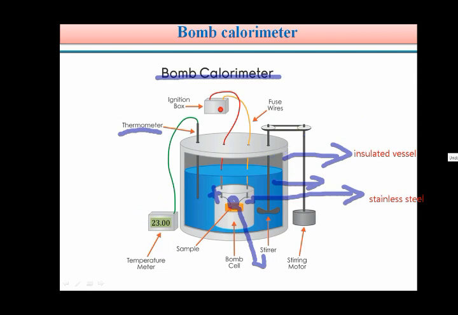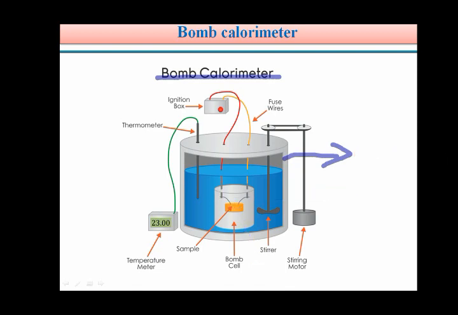After supplying power, the chemical substance burns. Before the experiment we record the temperature with the thermometer, that is T1 degree centigrade. After the burning of the substance, heat is evolved inside the stainless steel vessel. Due to that evolved heat, the vessel becomes hot, and the heat is transferred from high temperature to low temperature.